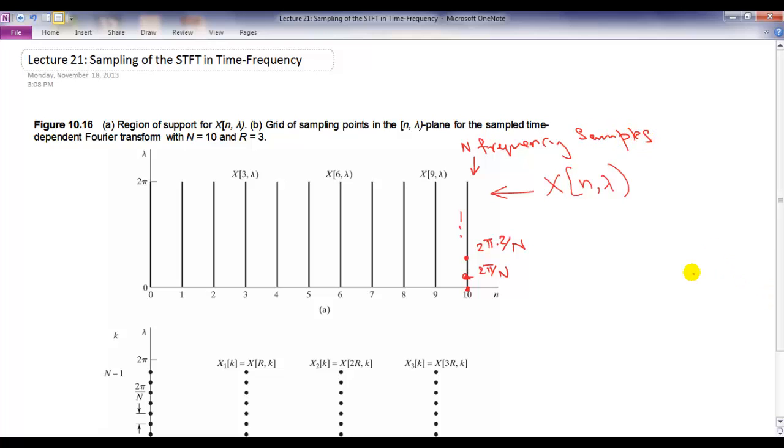But you can also not only sample in the frequency domain, you can also throw away the short time Fourier transform for certain values of little n and still have all the information.